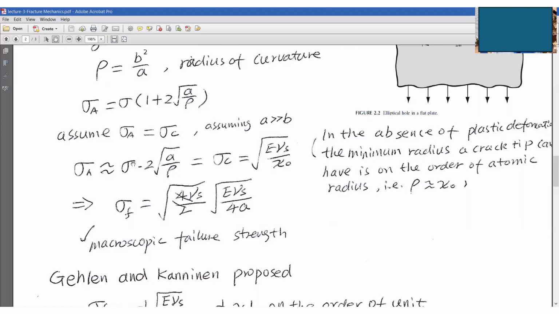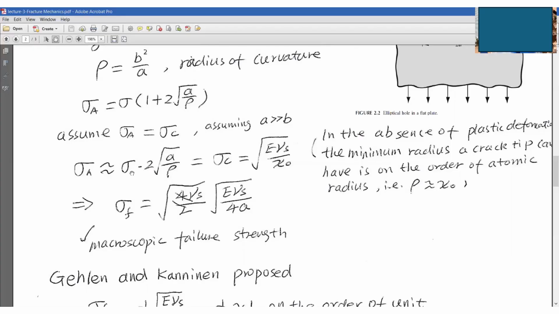This is sigma A equals this, and we can see at what condition, when this nominal value sigma equals what value, this specimen is going to fail, the crack initiates.